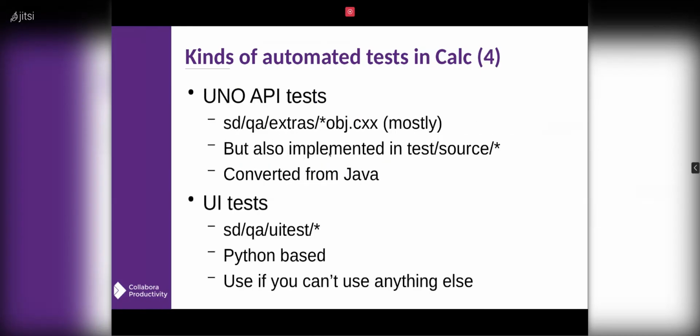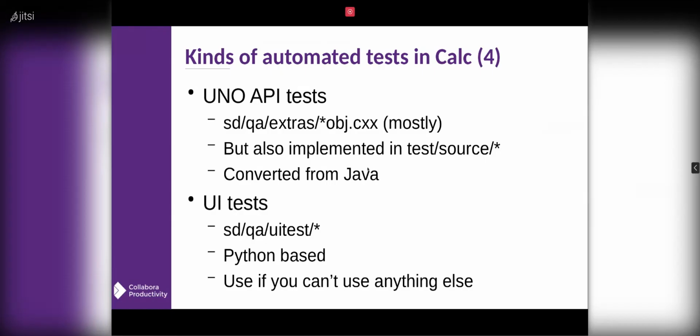Special thing about these tests is that the implementation of these tests is actually inside the test module source, because for UNO API we have all these tests in one place, so that can be much more easily reused because there are a lot of very similar things between modules.